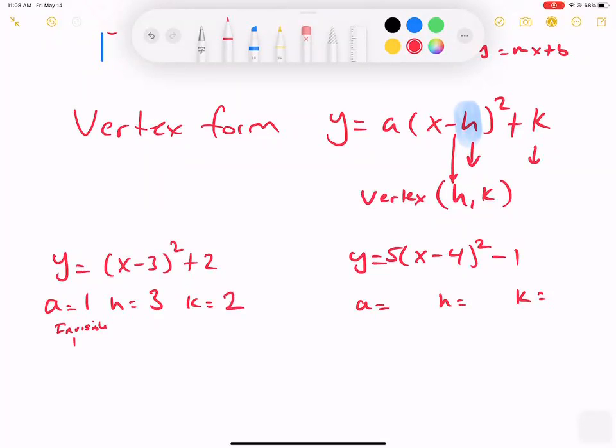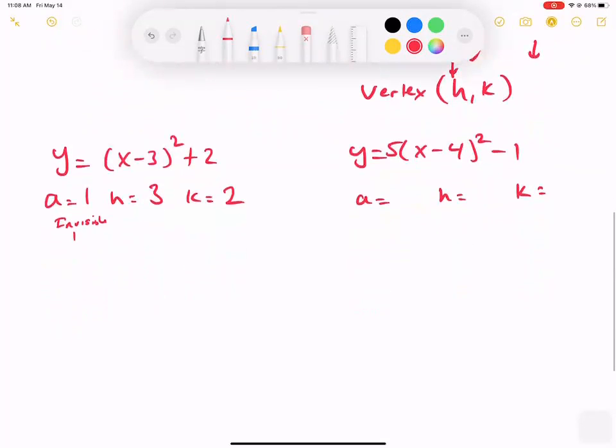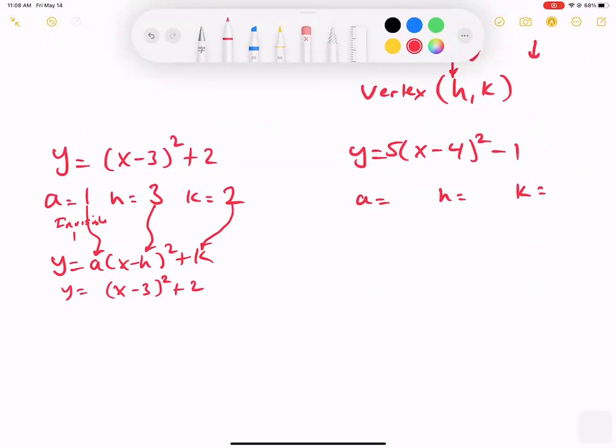Now I want to make sure that you see why this is true. If I ask you to fill out this blank, y is equal to a times (x minus h) squared plus k, 1 is a, h is 3, and 2 is k. Do you see how that negative sign makes the 3 negative? That gives us back our original answer.